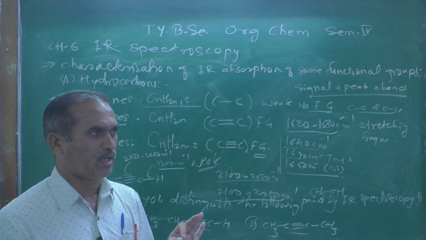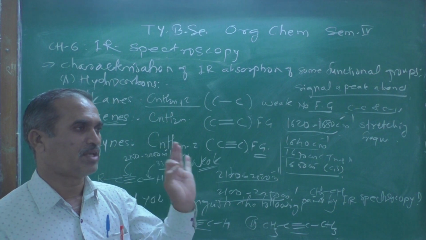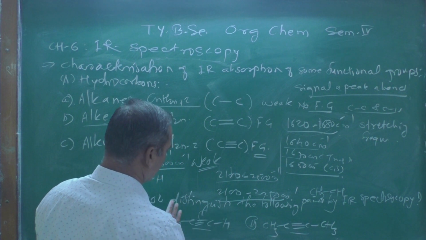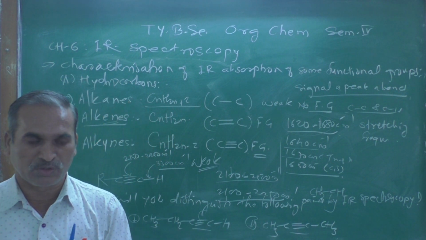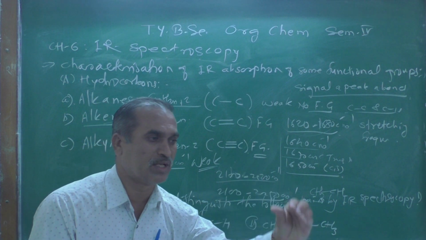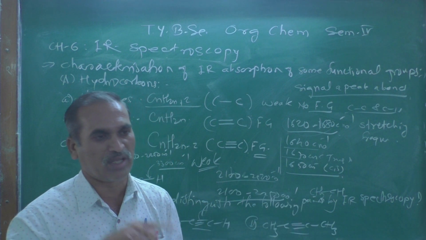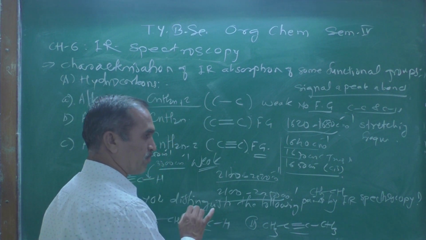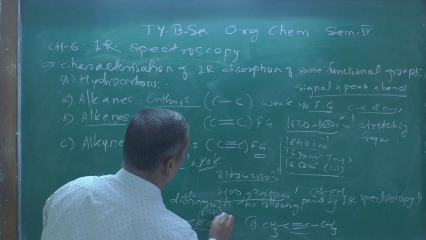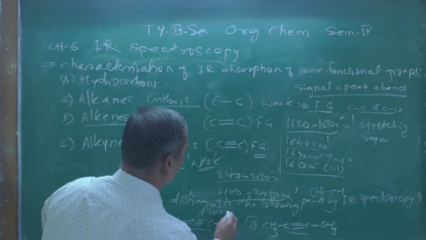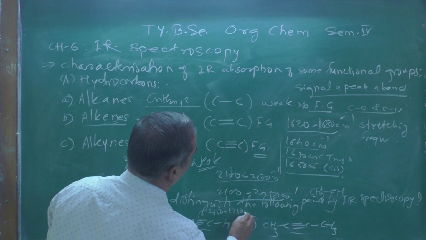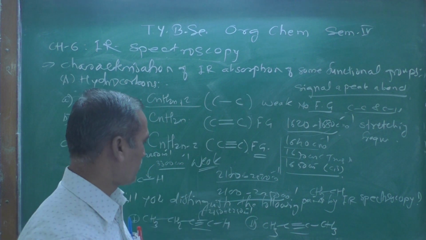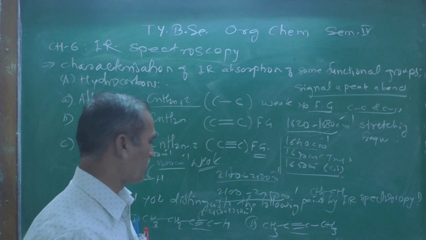Immediately the organic chemists know that there is a triple bond region, and the triple bond band will appear. If you put this molecule in an IR spectrophotometer, it will give a signal due to the presence of the carbon-carbon triple bond, around 2150 to 2250 per centimeter, which clearly shows the presence of a carbon-carbon triple bond.